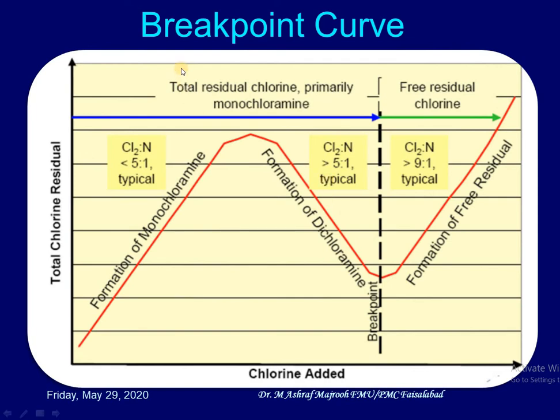Now, if you observe the breakpoint curve, here we start adding the chlorine, and we go on adding the chlorine amount, and on the other side the total residual chlorine will be appreciated on this vertical axis.